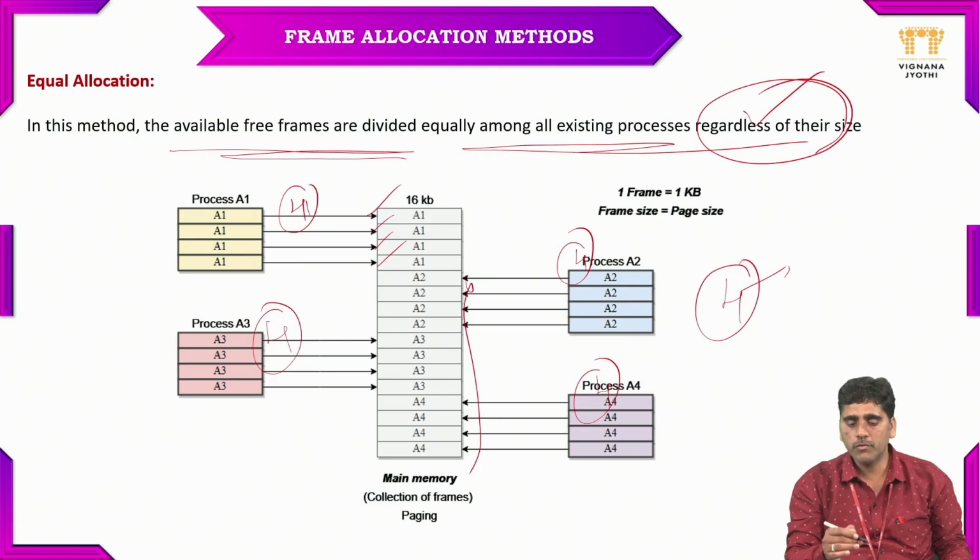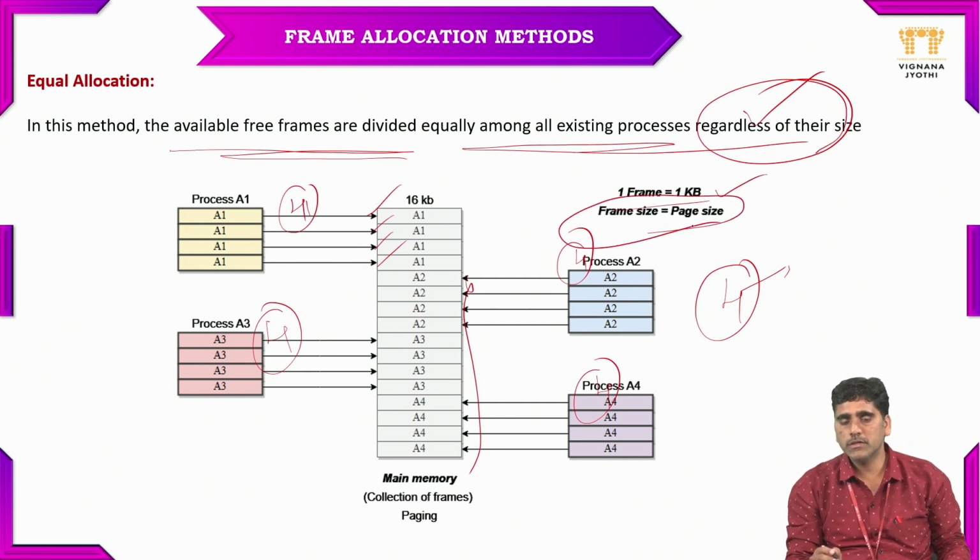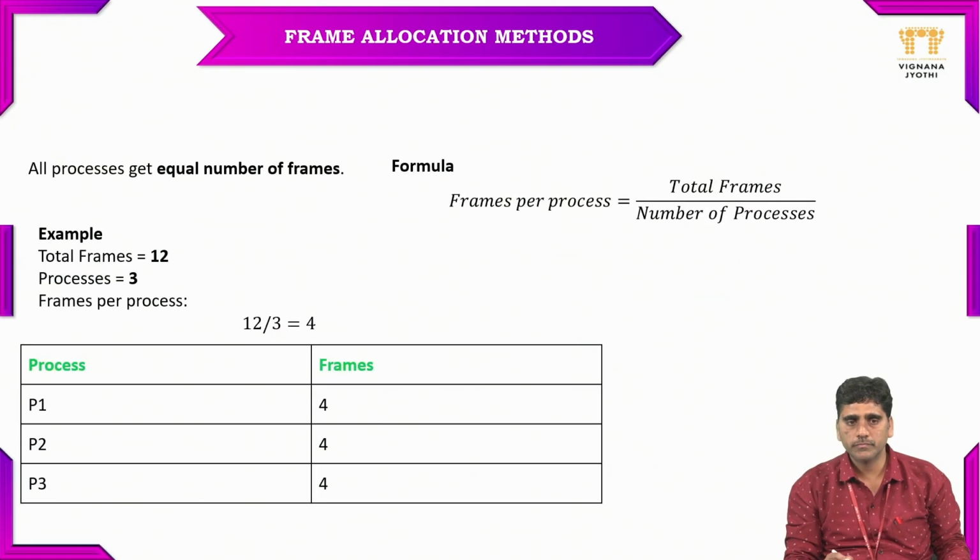The entire available free frames are equally distributed to each and every process. There is no size mentioned for each process. So 1 frame equals 1 KB, that is, frame size equals page size. That means each and every frame is of equal size, and each process gets an equal share of frames.